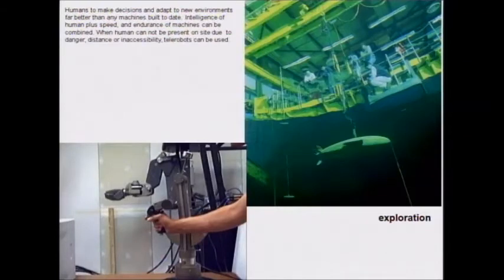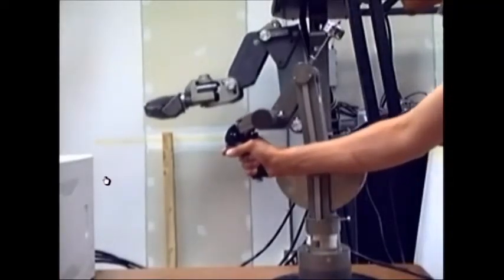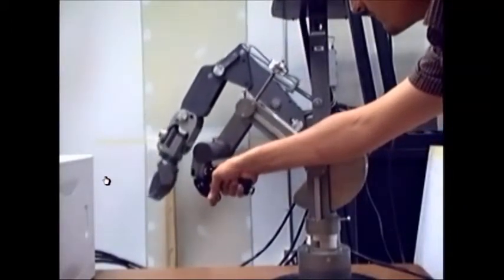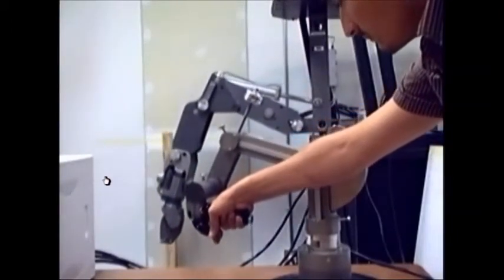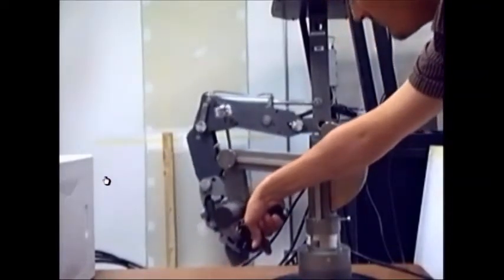I'm going to show you a video of this master-slave arm that we have at the University of Manitoba here. In this case, the master arm is this arm, which is held by this researcher here. And the slave arm is the actual arm that you can place in outer space or in deep sea.